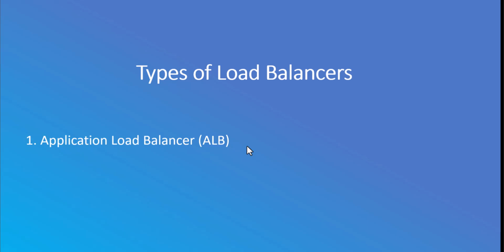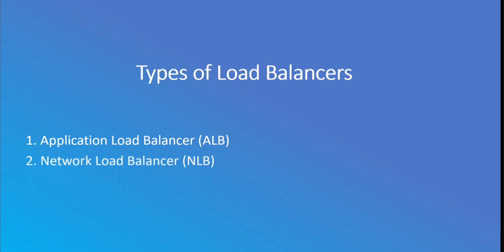This application load balancer is what will direct the traffic to the server where the request will be processed. So that's the application load balancer. If you have not used an application load balancer before, don't worry, we will use it in one of our videos.